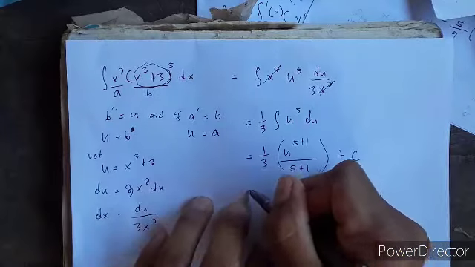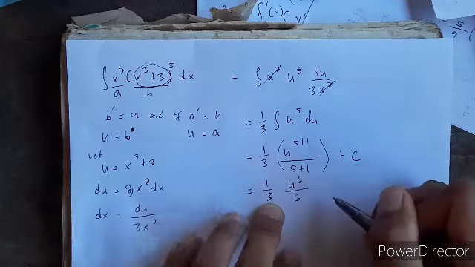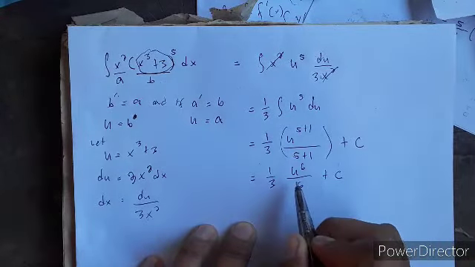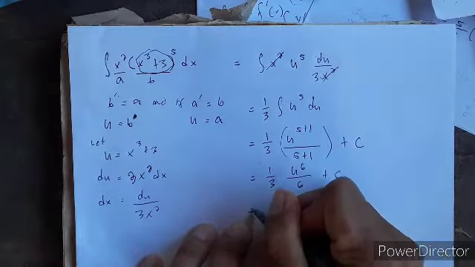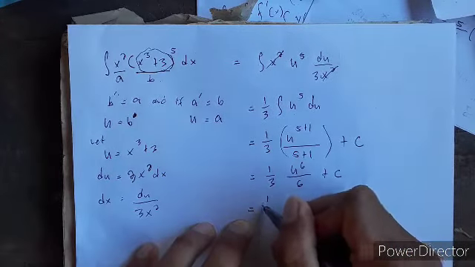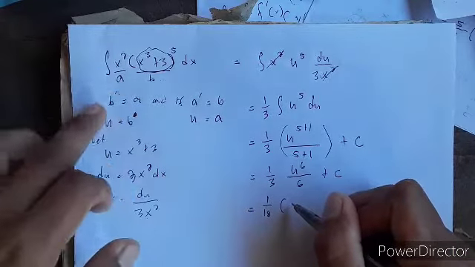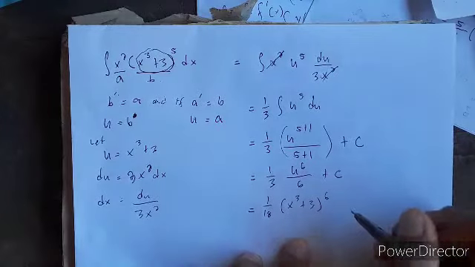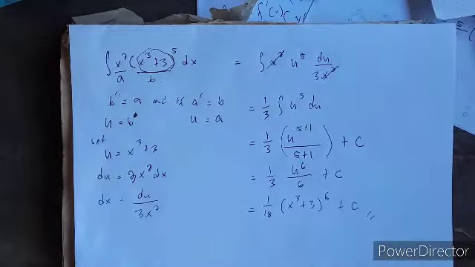In simplifying, we have 1 over 3 of u raised to 6 over 6 plus c, and substituting the u by its original value, 3 times 6 is 18, so it's going to be 1 over 18 times x cubed plus 3 raised to 6 plus an arbitrary constant. So that is our final answer.